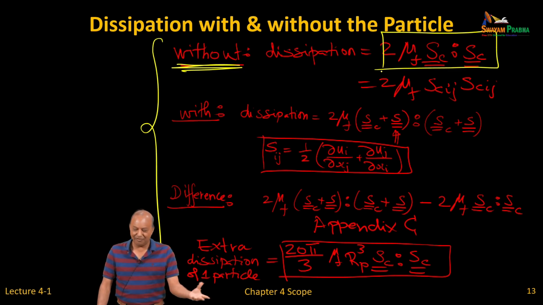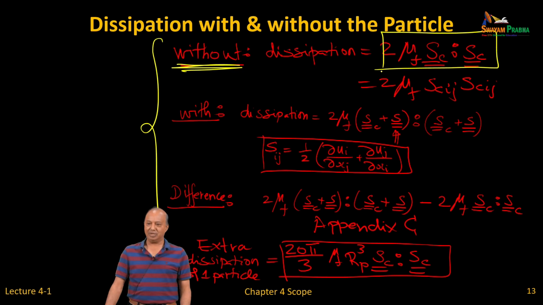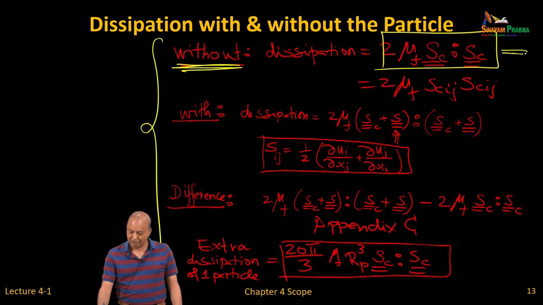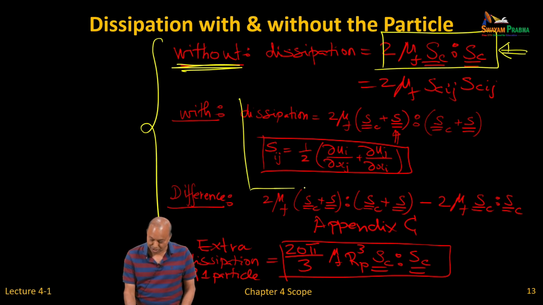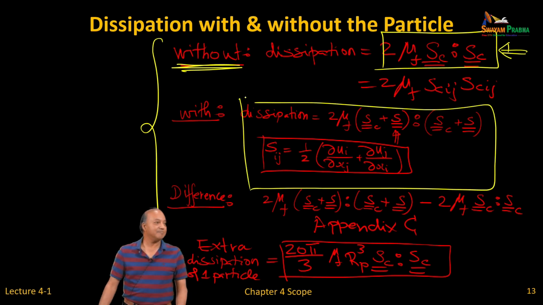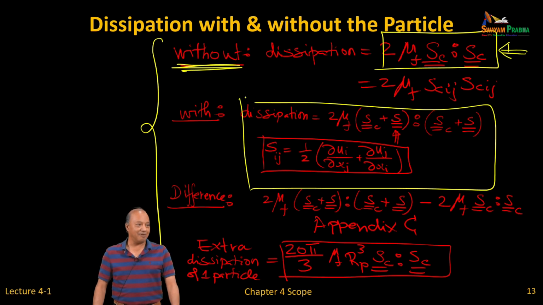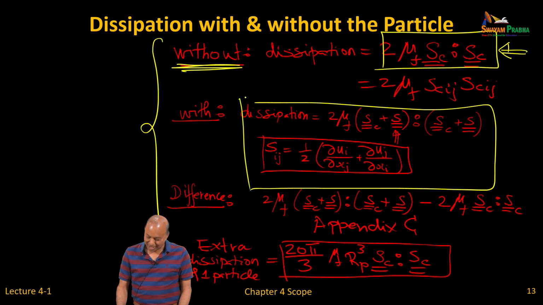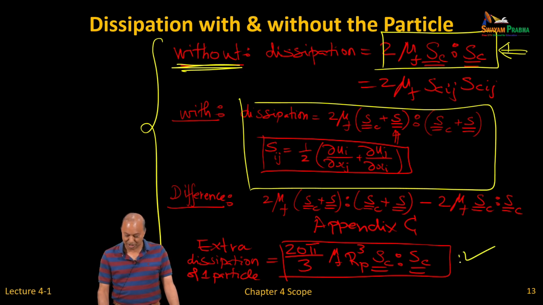This would have been the dissipation if you did not put the particle, but if you put the particle, you can calculate a new dissipation, for a slightly modified flow, with a little bit of work. If the dissipation increases, that means your viscosity has gone up. So you can calculate the effective extra dissipation due to the particle.